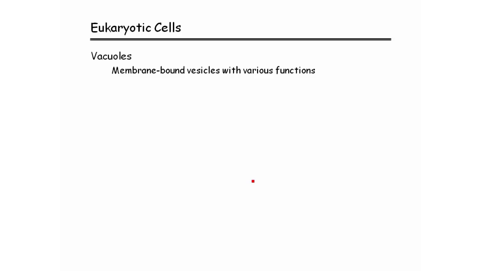A vacuole would be a more stationary compartment. We can have vacuoles that contain food particles. We saw an example of that when we talked about the lysosome fusing with a food vacuole. So in that case, they're having a storage function. They're actually storing food. We can have vacuoles that store waste as well.